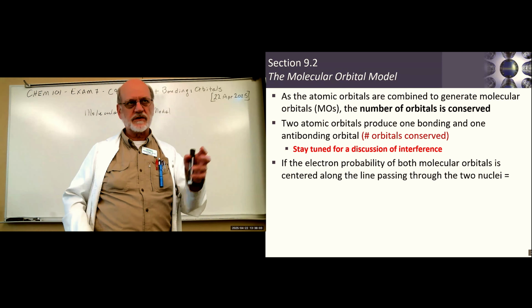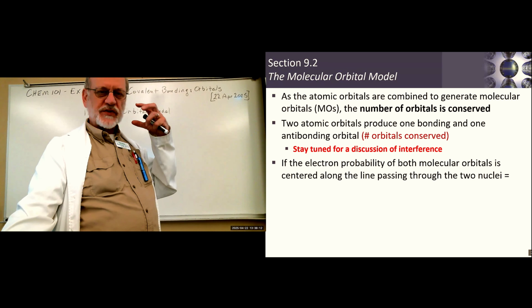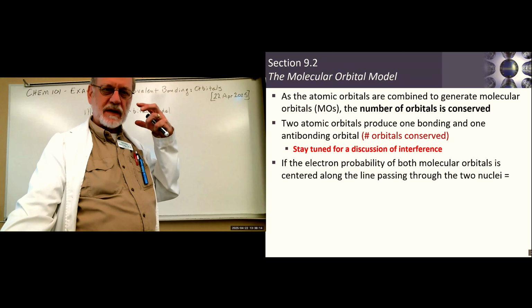If the molecular orbital centers the electron probability on axis, then we still call that a sigma molecular orbital. Rather, in the localized electron model, we called it a sigma bond. But in the molecular orbital model, we call it a sigma molecular orbital.